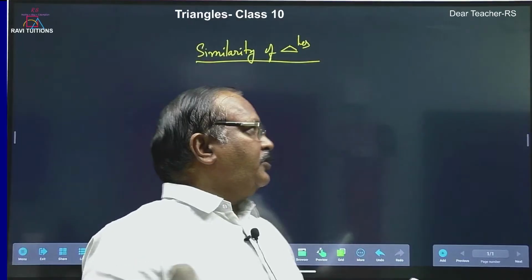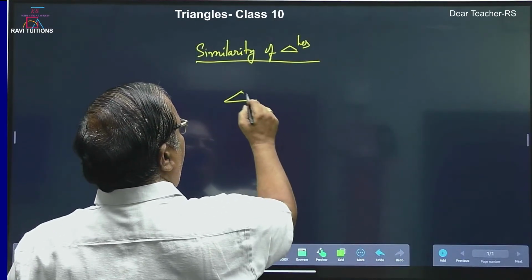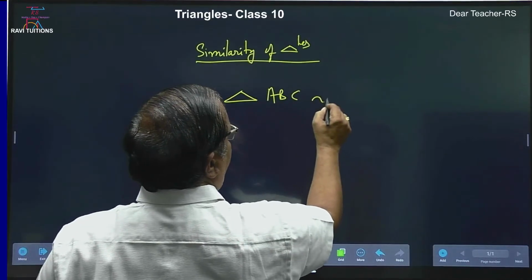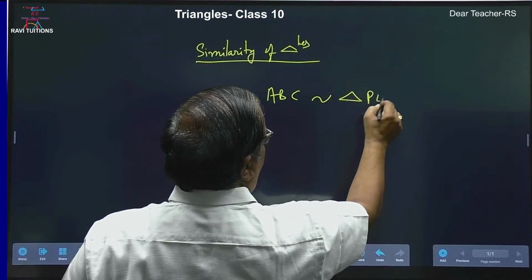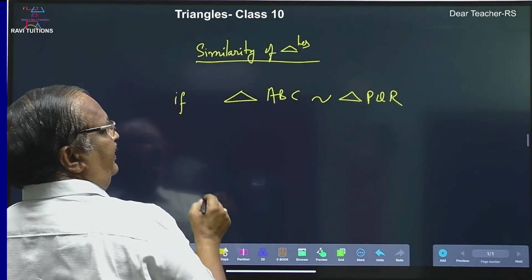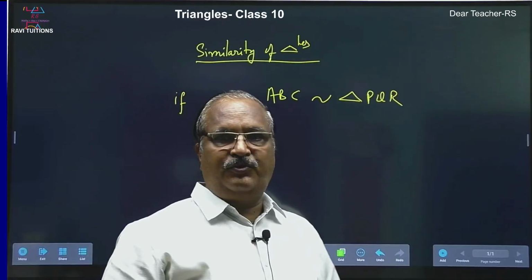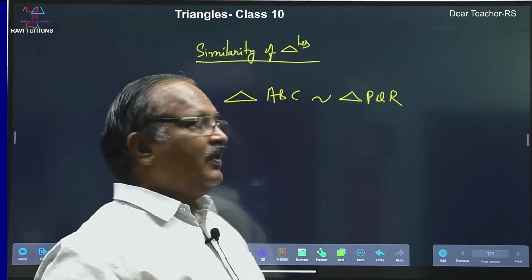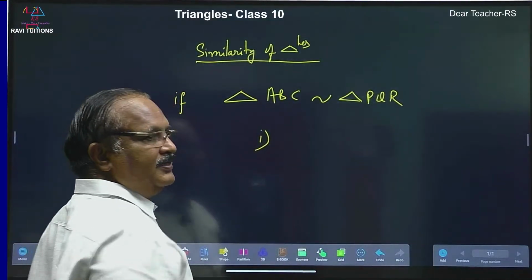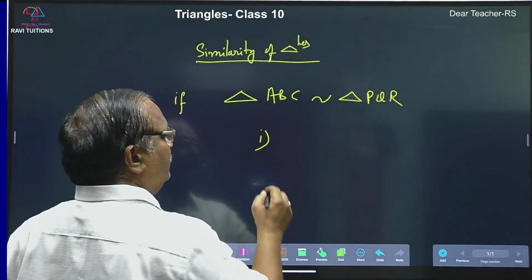Now triangle ABC is similar to triangle PQR. Okay, if two triangles are similar, then there will be two results.